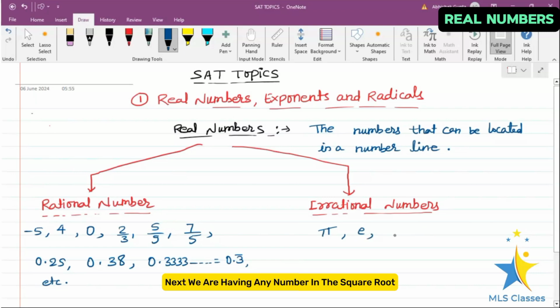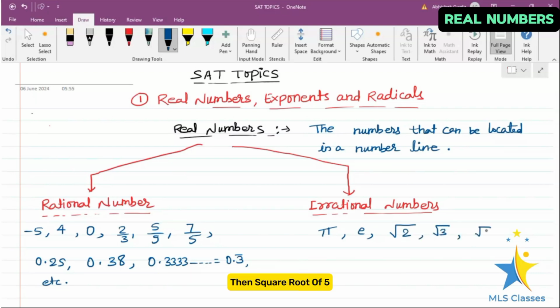Next we have the square root of any number which is not a perfect square, like square root of 2, square root of 3, but square root of 4 will not be an irrational number. Then square root of 5, and any non-terminating and non-repeating decimals like 0.12597482415, where it is neither repeating nor terminating. So these are the irrational numbers.